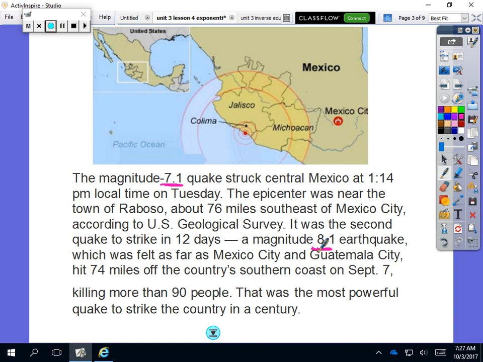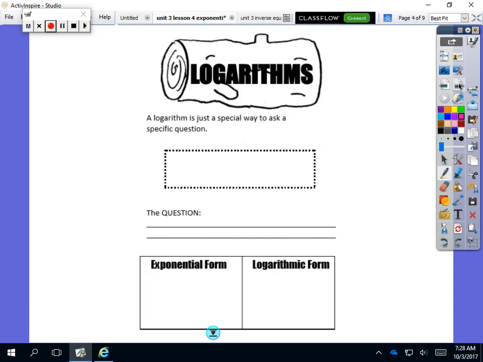And then about 12 days later, a 7.1 magnitude earthquake hit again in about the same place. And then they had several smaller quakes after that. And we're going to look at what these numbers actually mean after we understand what logarithms are.